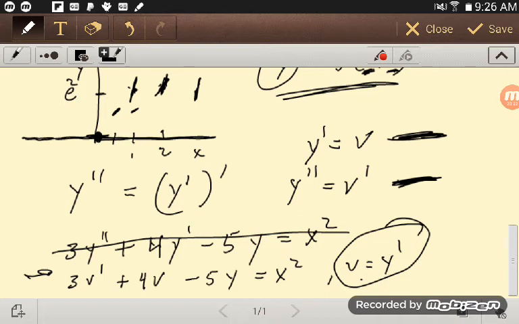I need to let the reader know, or myself know, that v does have a relationship to y, and this is that relationship. v equals y prime, but by doing so, I end up with two differential equations. But now, instead of being second order like the original up here, they're now both first order.